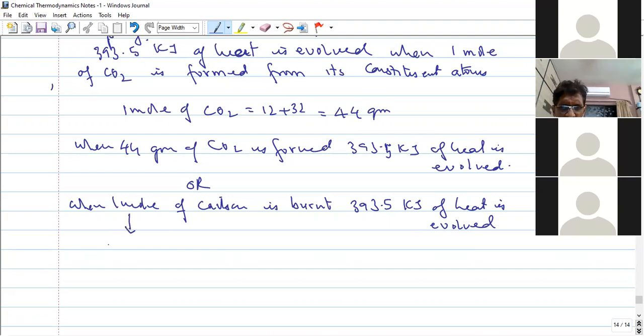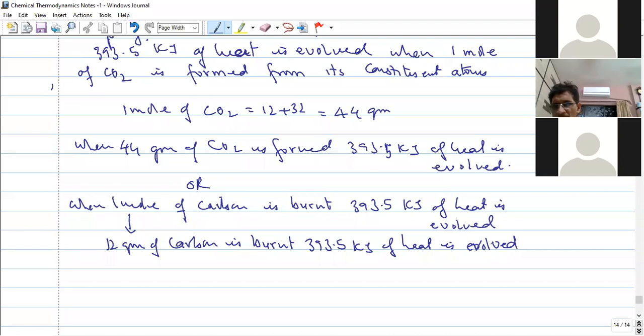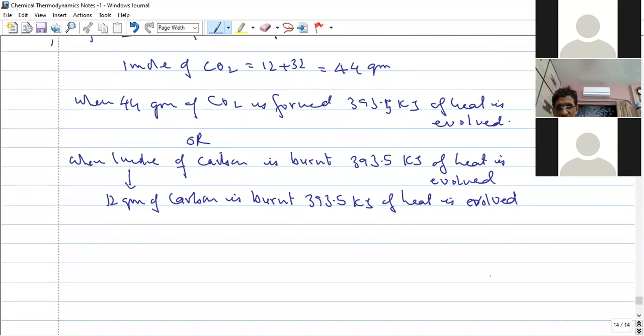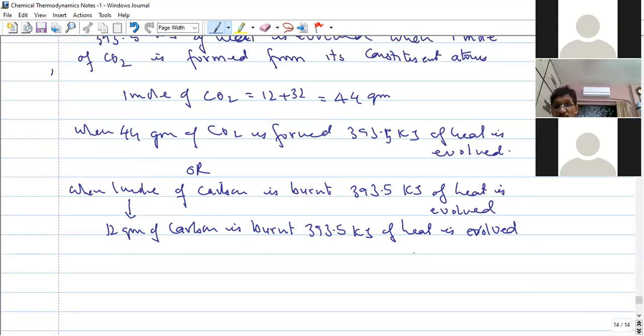What is 1 mole of carbon? 1 mole of carbon means when 12 gram of carbon is burned, 393.5 kilojoules of heat is evolved. This is the thermochemical equation, and see how much information it gives.